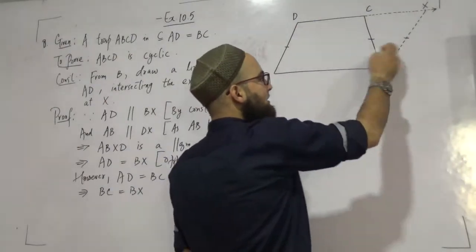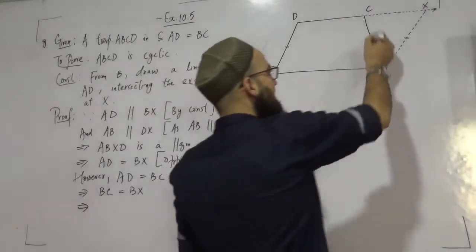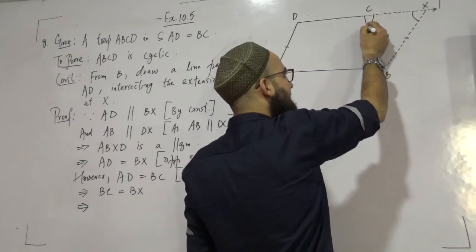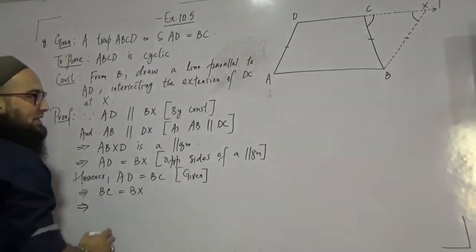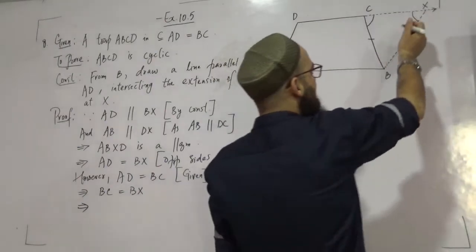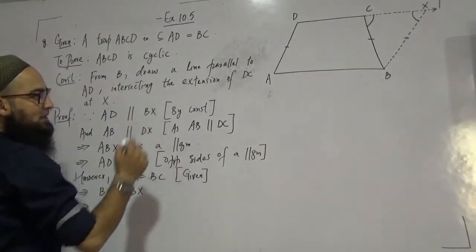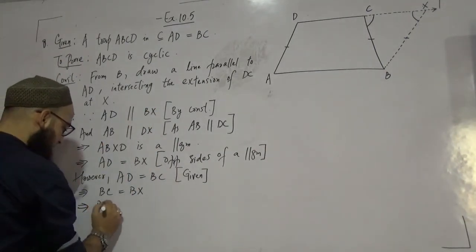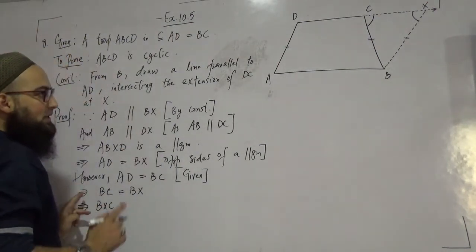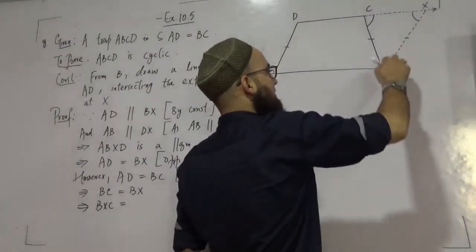Then angles opposite to these two sides will be equal. Now the angle opposite to BC is BXC, and the angle opposite to BX is BCX.